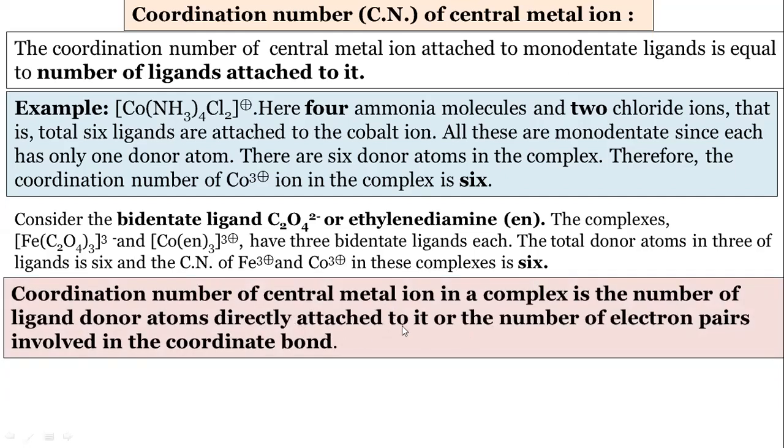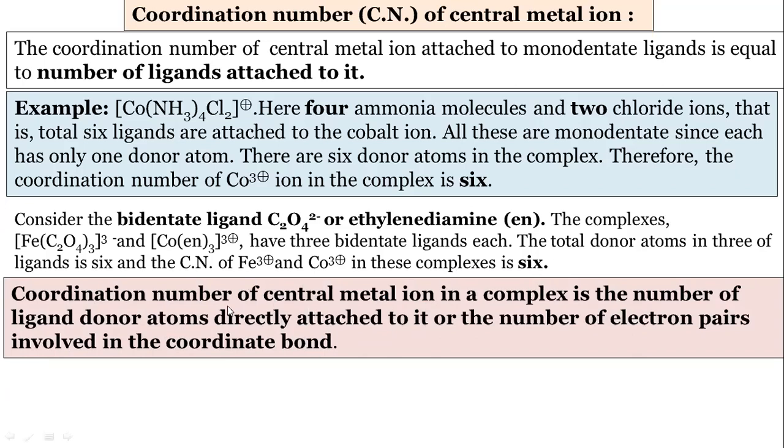The definition is given here. The coordination number of a central metal ion in a complex is the number of donor atoms directly attached to it, or the number of electron pairs involved in the coordinate bond. The first half of the definition is for the monodentate, and the remaining part is for the bidentate ligand. So the general definition is prepared.